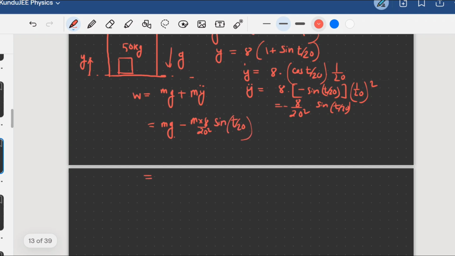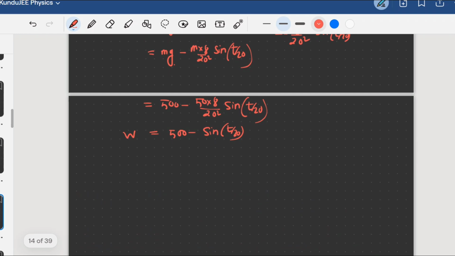So m and g value I'll put, that is 500 minus 50 into 8 by 20 square sine t by 20. So 500 minus, this is 400 by 400, so 1, so sine t by 20. That is the weight of the body.